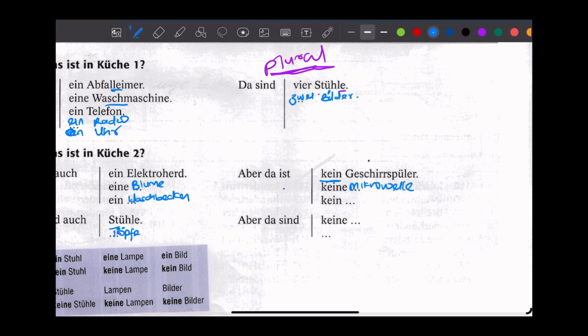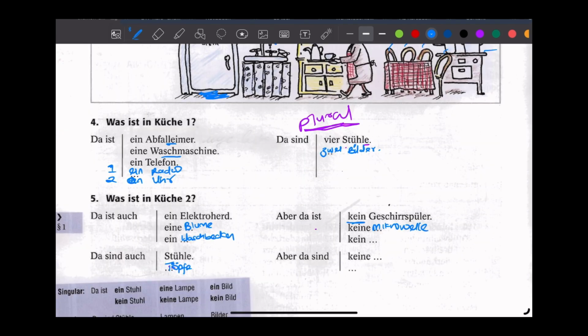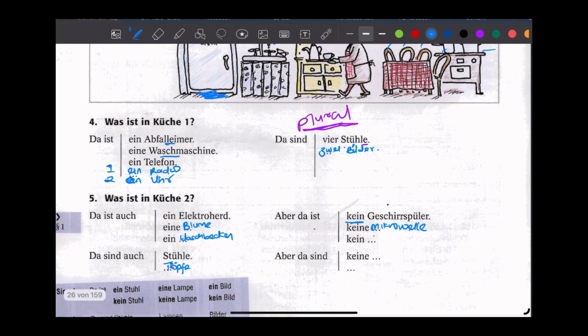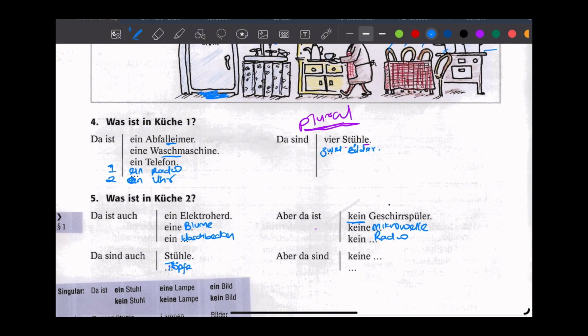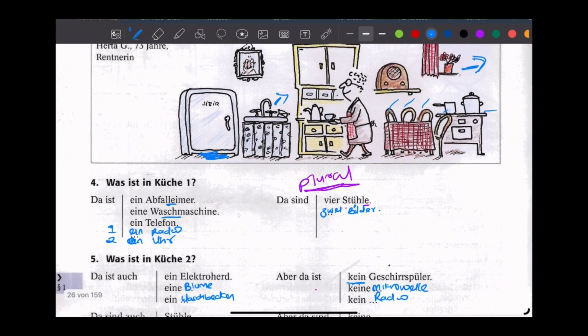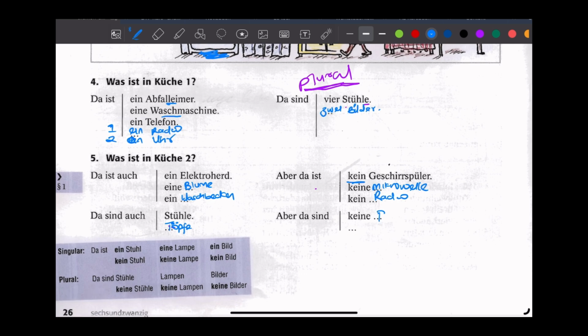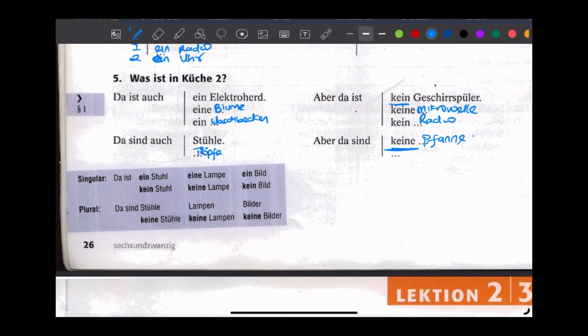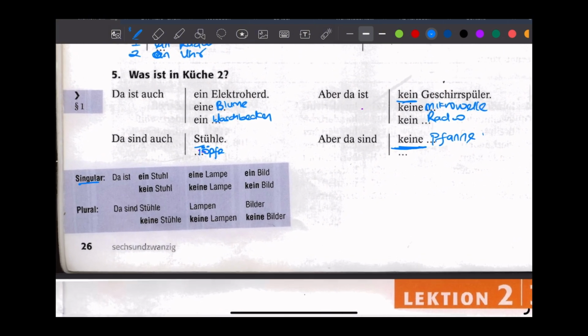What again can we say? Das ist kein Radio. Aber da sind keine, let's say, Fahne. Okay? Just to say that is not. Keine is not. That is not. Okay? And we talked about singular and plural in the previous video, okay? So das ist ein Stuhl, eine Lampe, ein Bild.